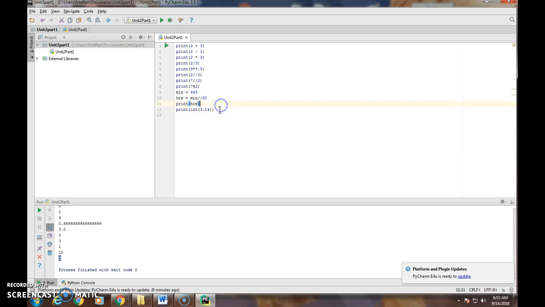Let's try something else. Let me go up in front of this, and let's go x equals 3.14, and I'm going to convert x into an integer, which I should get the same thing. So let's go ahead and run that, which I do. I get 3, right? Let's go ahead and do a print x again.